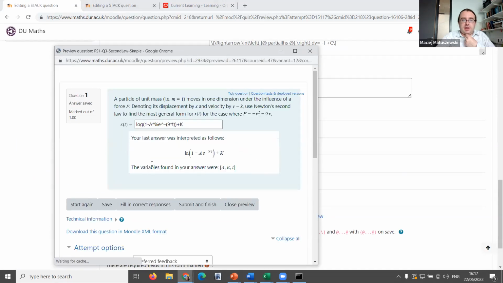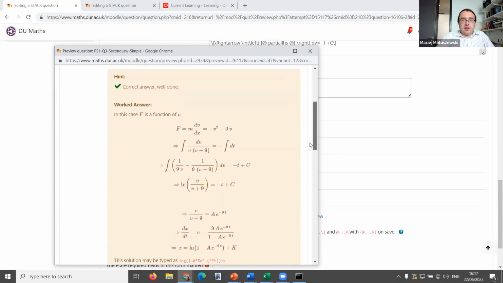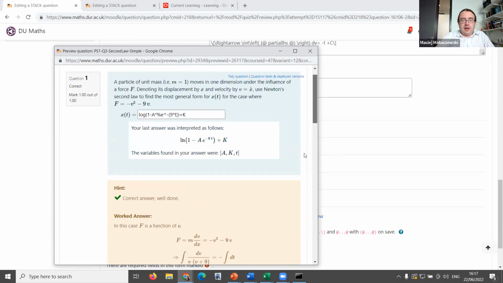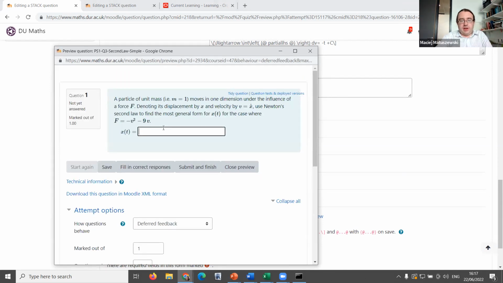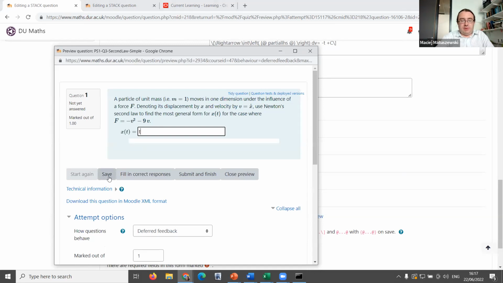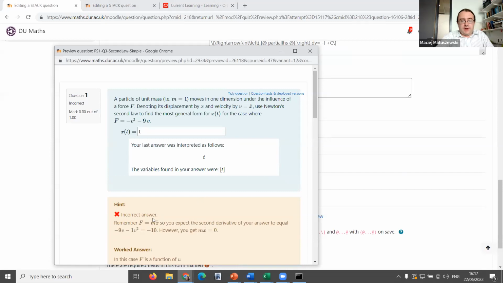And students would submit the answer and get some feedback if the answer was incorrect. So if I just type in this, the student would get some appropriate feedback.